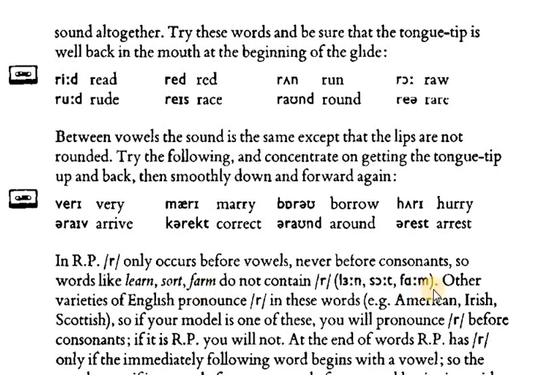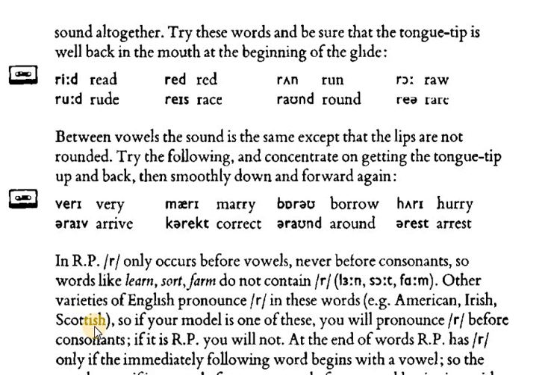It means that the American, Irish, Scottish people will pronounce r in any position or in any situation within the word. So if your model is one of these, you will pronounce r before consonant. If it is RP, you will not. إذا كانت الموديل أو النموذج اللي تتبعه أمريكي or Irish, Scottish, you are going to pronounce r.